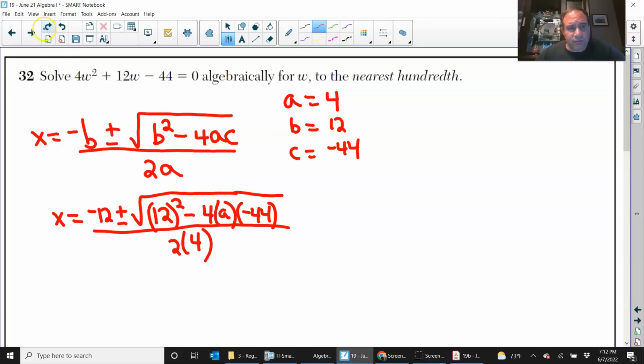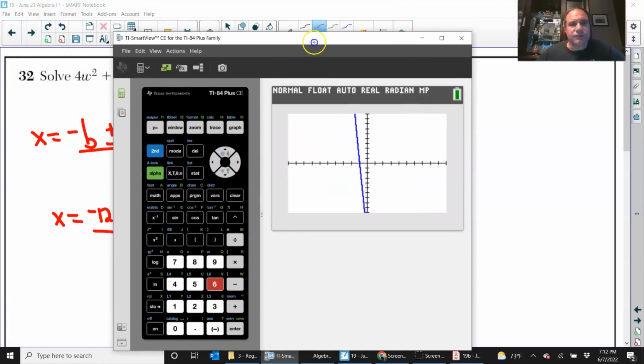And that's all over 2 times A, which is 2 times 4, right? So I'm going to change that A to a 4 right here. So everything is ready to go. I am going to now just put into my calculator 12 squared minus 4 times 4. So I'm just going to move this over.